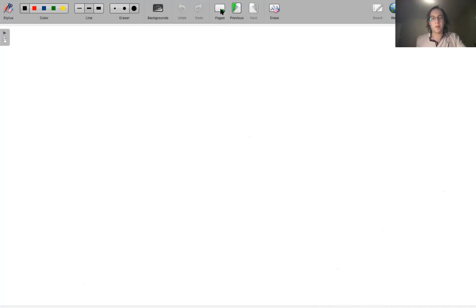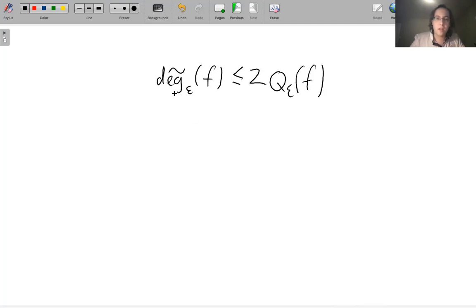Okay. So one thing we immediately get is, if we think about this measure, what is one way to get a polynomial which approximates f to error epsilon? It's to start with a quantum algorithm. If you start with a quantum algorithm, the degree of the resulting polynomial will be at most twice the number of queries. So we get that the approximate degree of f is at most twice the quantum query complexity of f to the same error level.